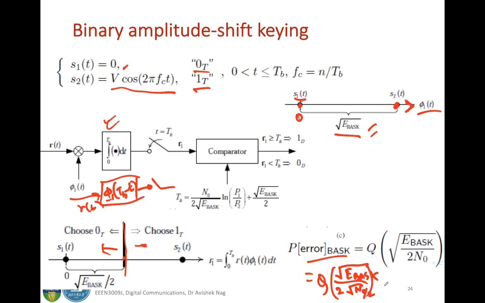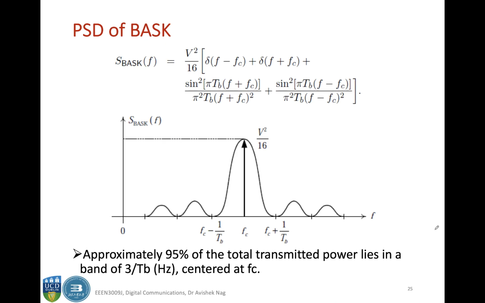If you simplify this, this will be Q of the square root of EBASK divided by twice N0. So this is what is here. See how you are using that concept of probability of error calculation and easily write down the expression of probability of error. Again, this is the power spectral density of BASK.